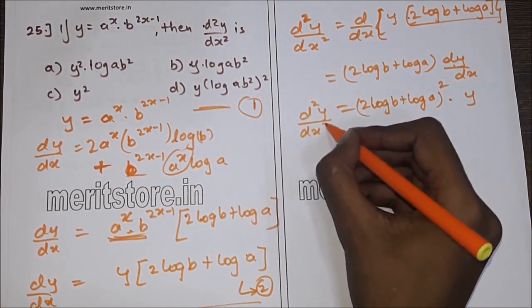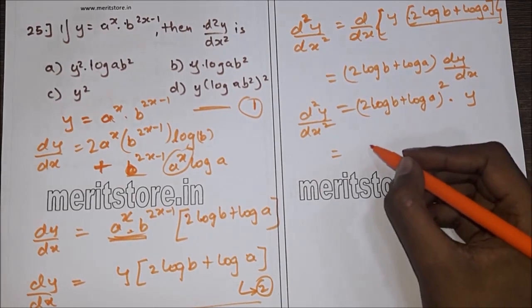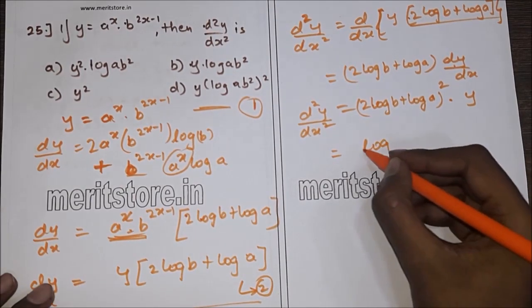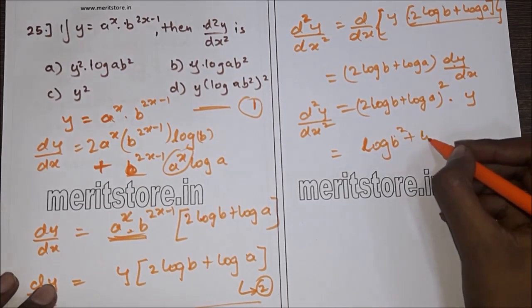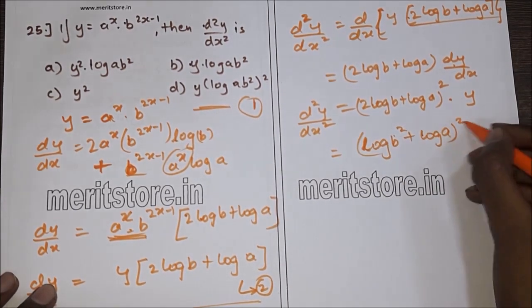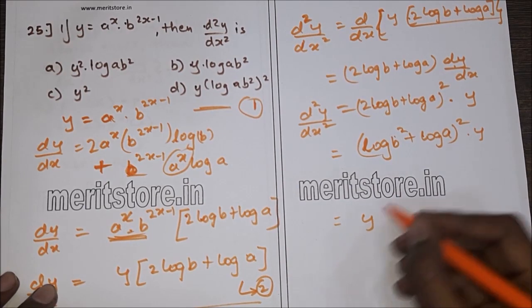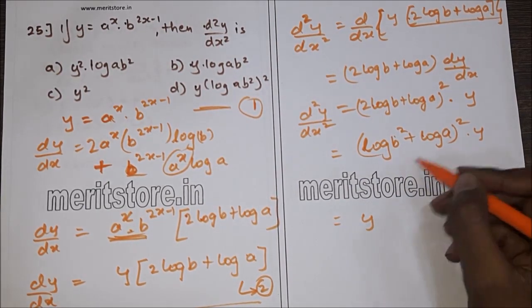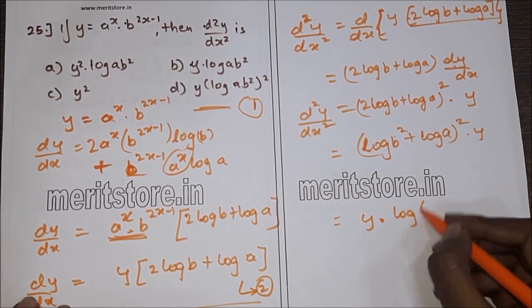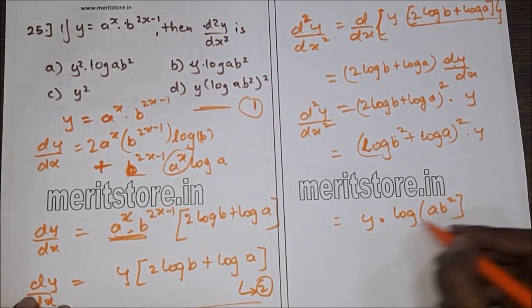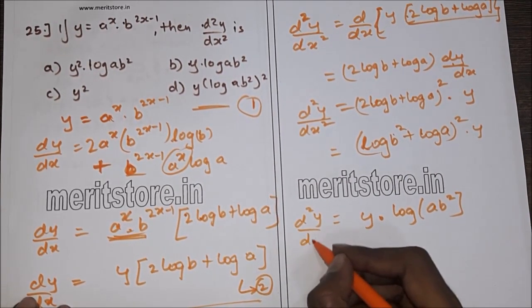This is the double derivative. So by log we can say log of b square plus log of a the whole square into y, that is y into, now log of a plus log of b square is log of a into b square. So this is y into log of a b square. This is d2y by dx square.